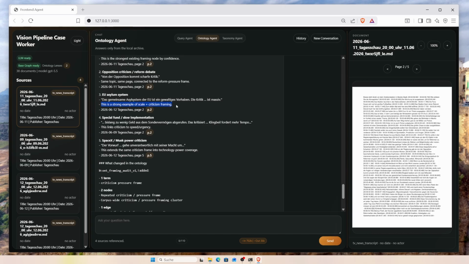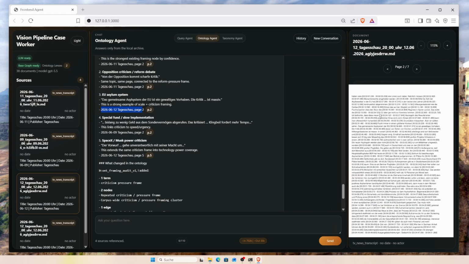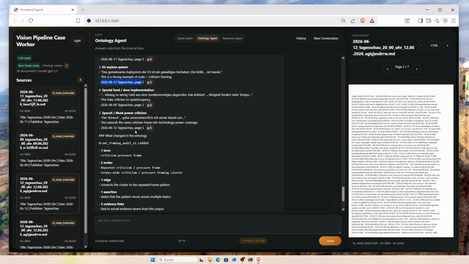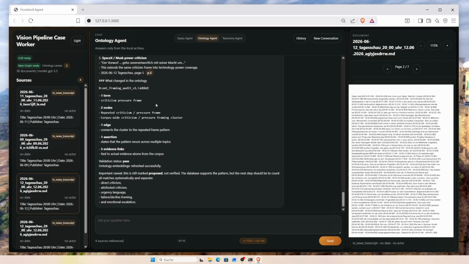and why this is framing, and where it is. It just gives you the source, and then, yeah, well, this is not very well formatted, but you will find this in there if you look. So SpaceX, power criticism, yeah, this is all perfect.